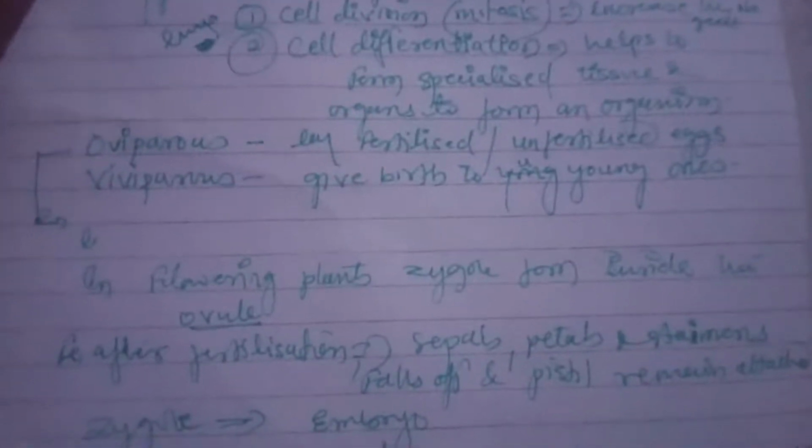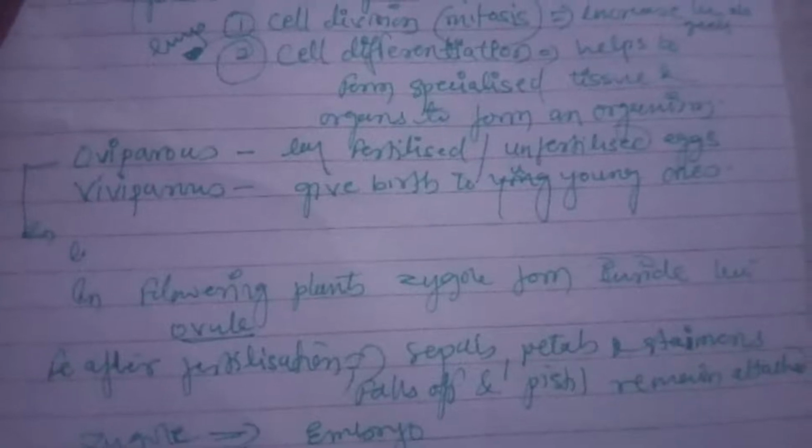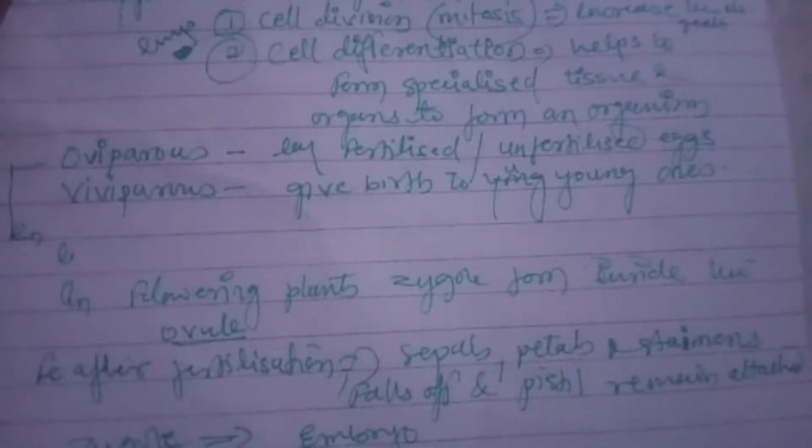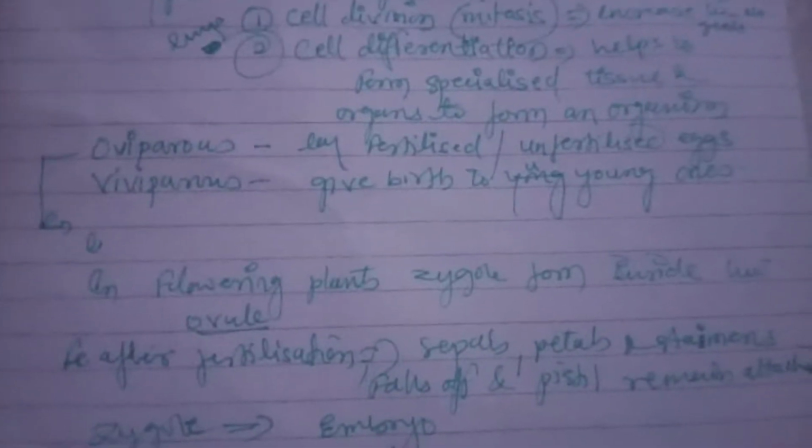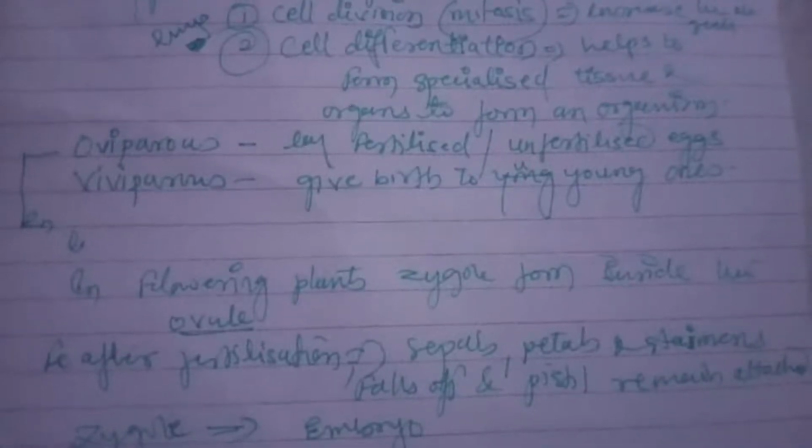This is the difference between oviparous and viviparous organisms. Oviparous are the organisms which lay fertilized or unfertilized eggs. Viviparous organisms give birth to the young ones.